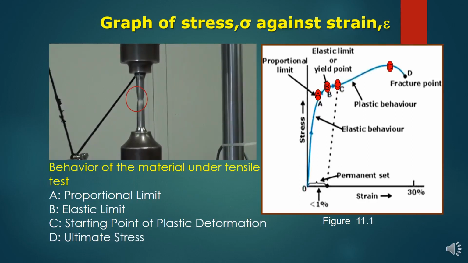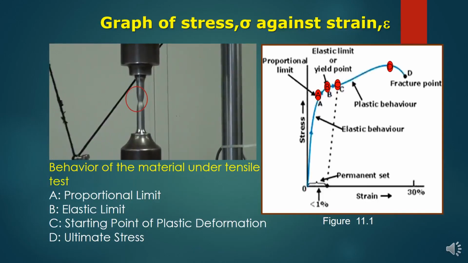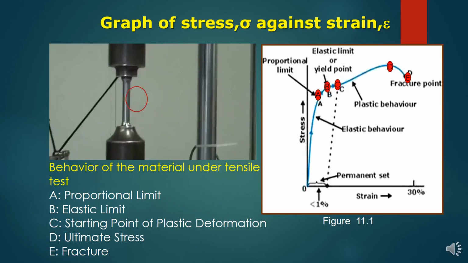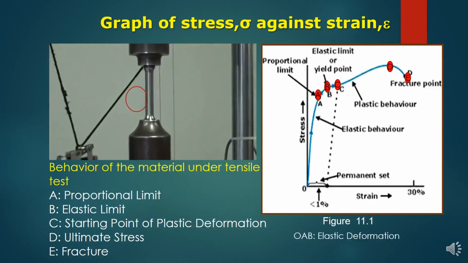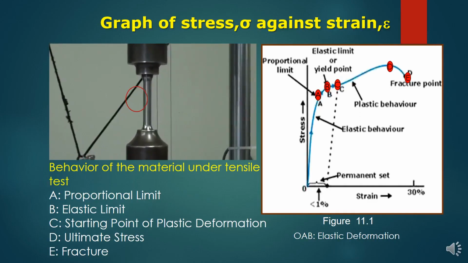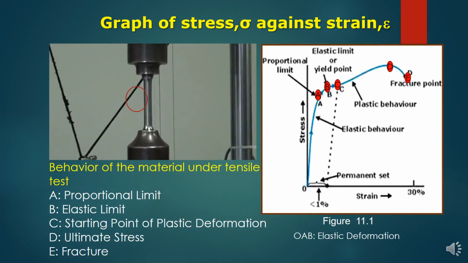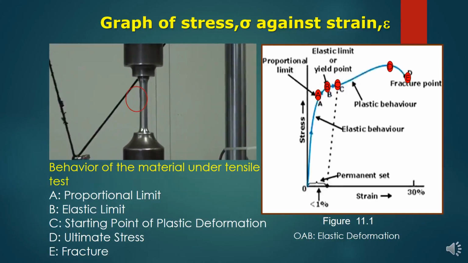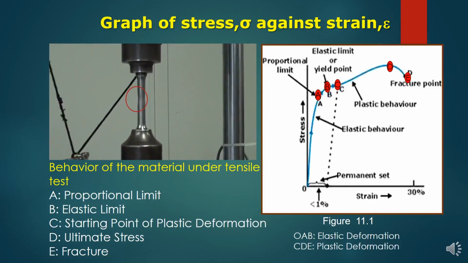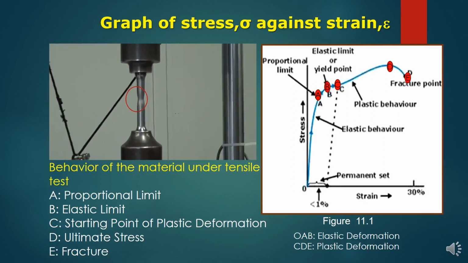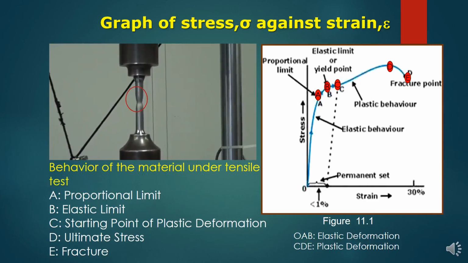Point D, the ultimate stress or the ultimate strength. E, fracture. Path OAB represent elastic deformation, whereas path CDE represent plastic deformation.